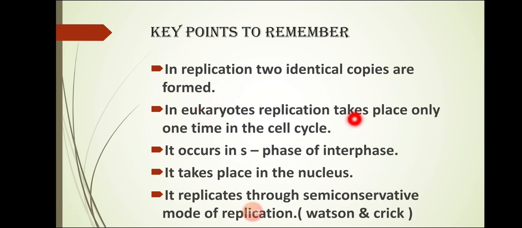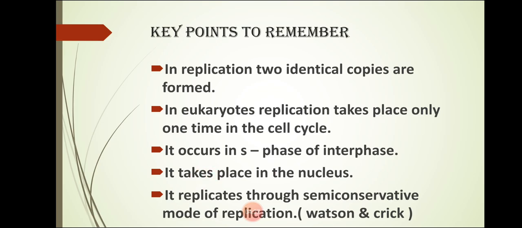In eukaryotic organisms, the replication process takes place only once in the cell cycle. Then this whole process of replication occurs in S phase of the interphase. Okay, we have studied that S phase means synthesis phase. Then it takes place in the nucleus.